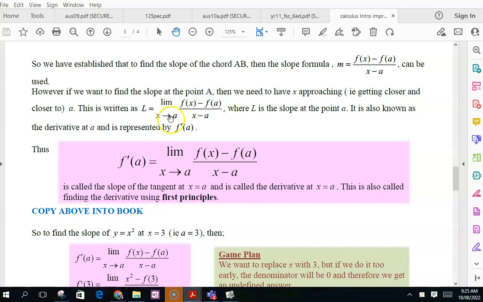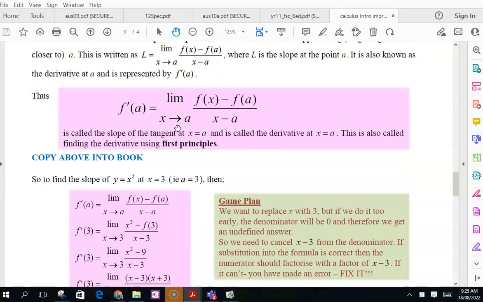So we want this value of a, or our x value, to be really, really close to the value that we want. Does that make sense? So that's why we introduced this limit value. And this is one of the formulas that we're going to be dealing with to find the slope at a particular point. And we have to have a game plan going on here. So what we're going to do is eventually we actually want to make x equal this value, right?